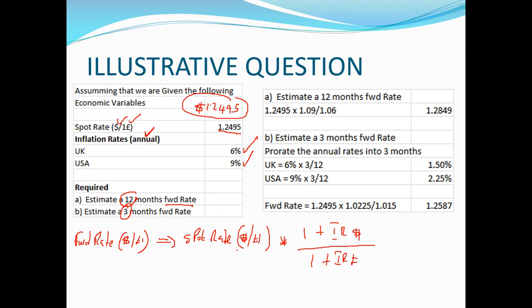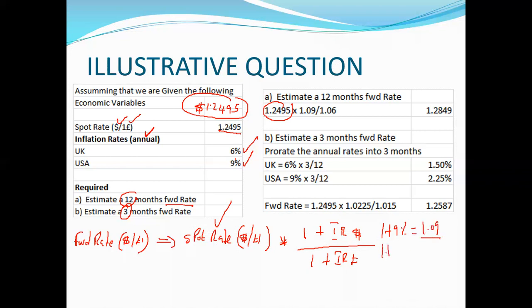These are dollars on a single pound. So you take 1.2495, which is the spot rate, and multiply by 1 plus the interest rate in the dollar. The dollar goes on top, so 1 plus 9% is 1.09.